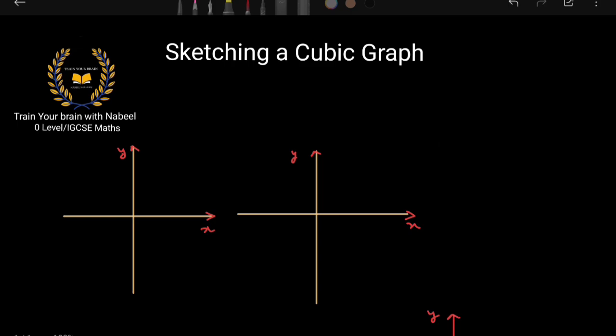Students, we know that a standard form of a cubic equation looks like this: y is equal to ax cube plus bx square plus cx plus d.